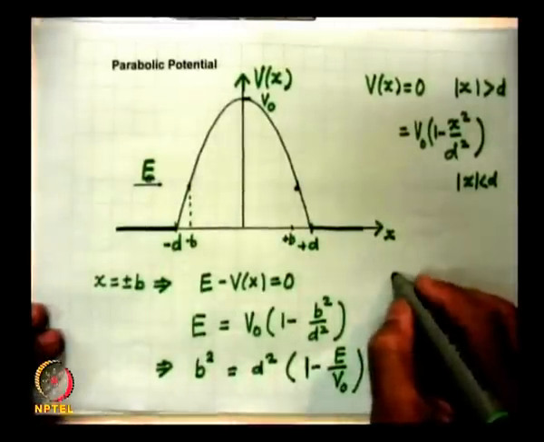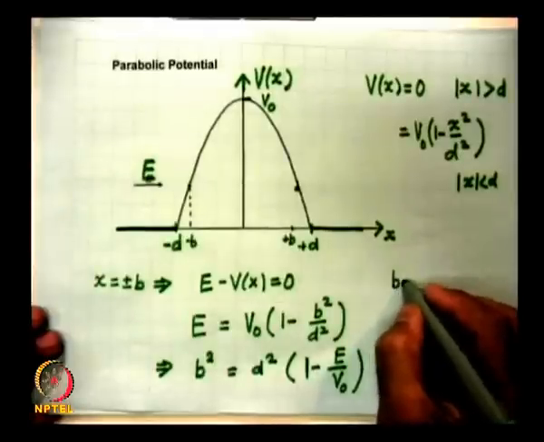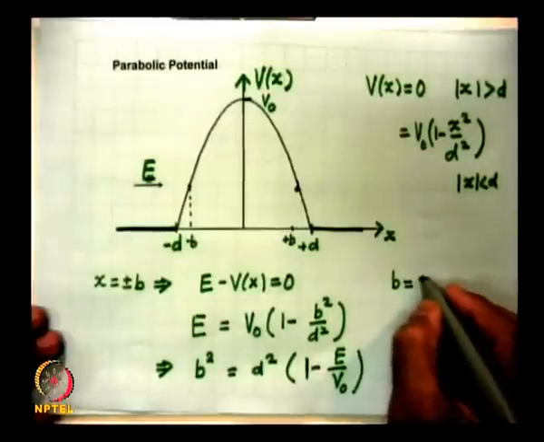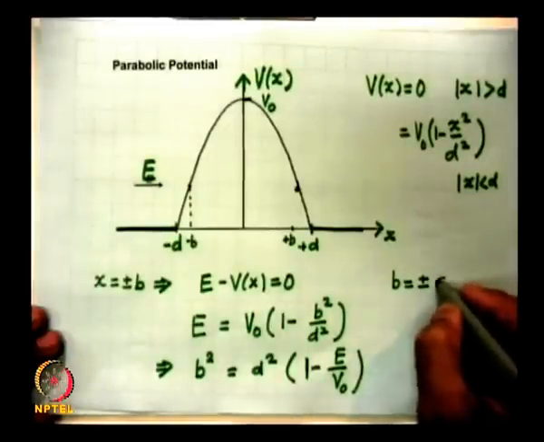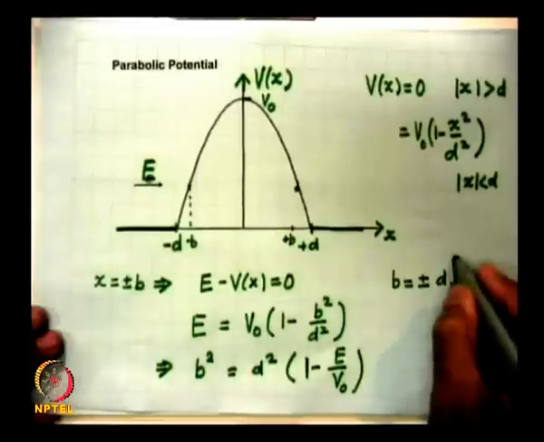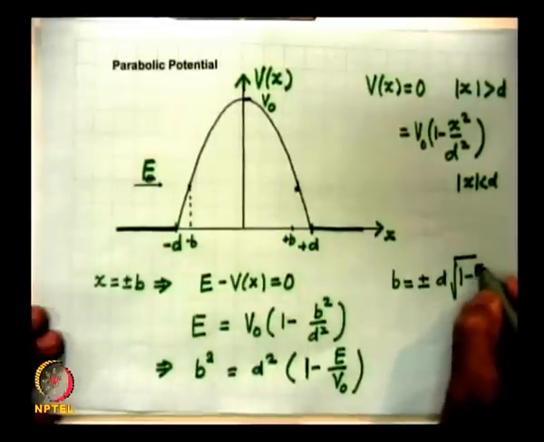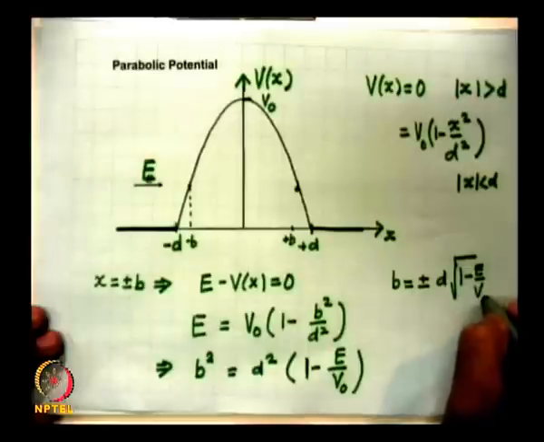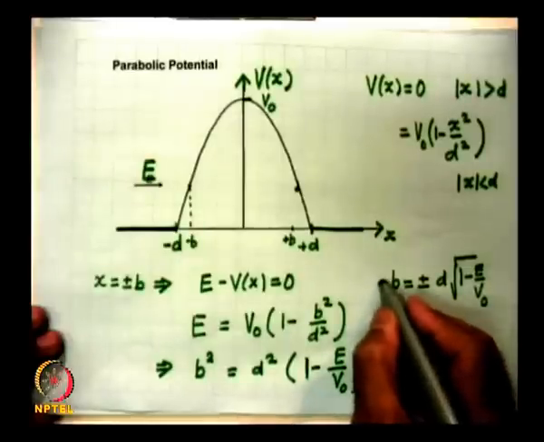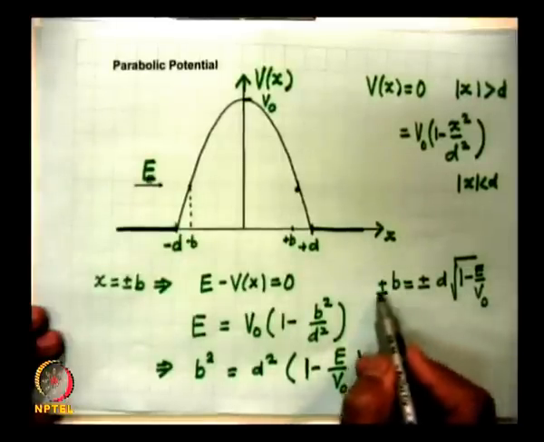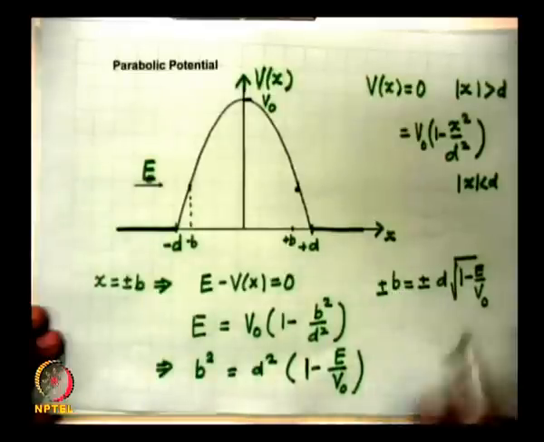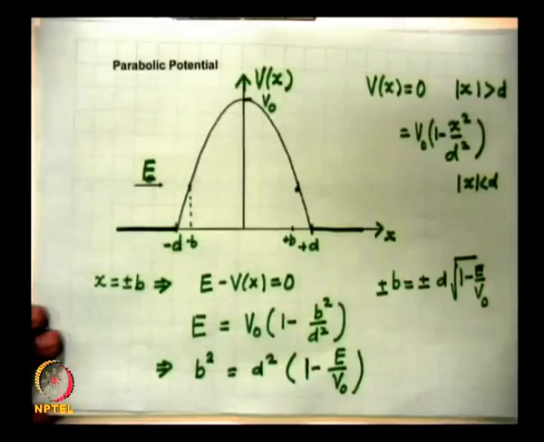The turning points are at plus b or minus b, where b is equal to d into under root of 1 minus E by V 0.